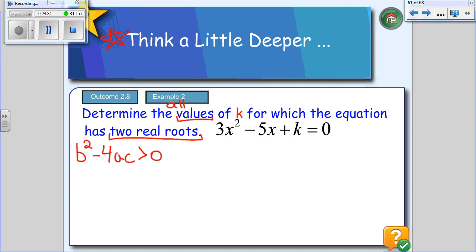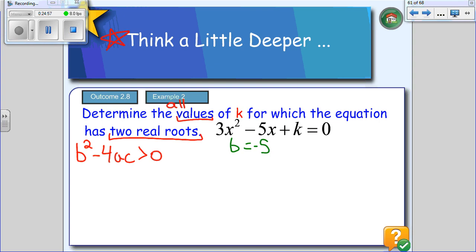So if this is your discriminant, you want it greater than 0. What does B equal? B equals -5. What does A equal? Well, A equals 3. What does C equal?